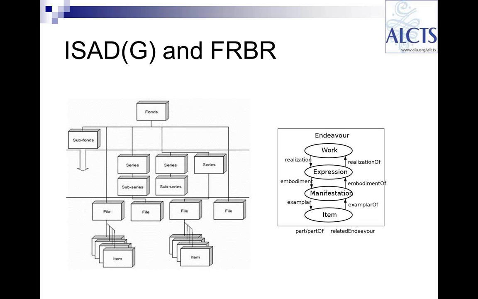And so applying FRBR principles to archival materials ends up being somewhat difficult, especially when you get down to a manifestation item level where, again, with unique materials, there isn't, in some cases, a very good division between those two.